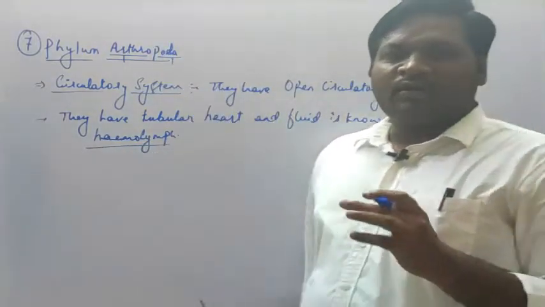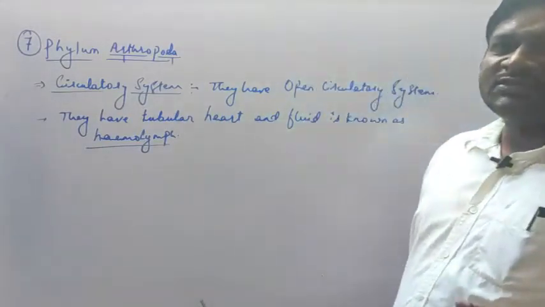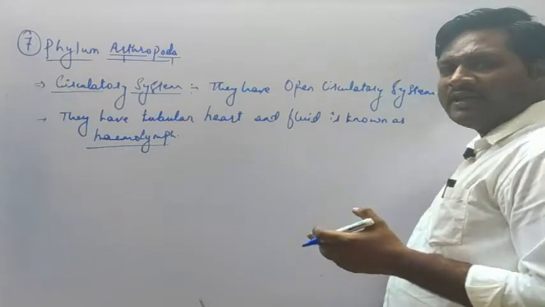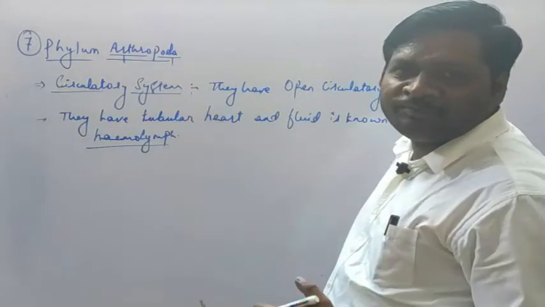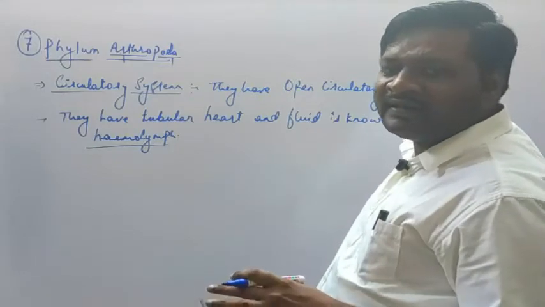See, in case of cockroaches or arthropods, the blood consists of hemolymph. Sometimes it also consists of hemocyanin as a pigment, and sometimes it consists of an iron containing pigment.